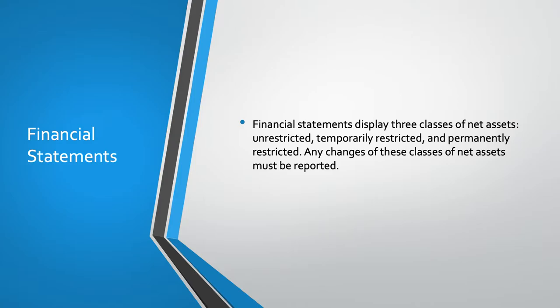For temporarily restricted, that means it usually only awaits the date of the implementation of a certain project which the fund is intended to be used for. However, permanently restricted funds are funds that are mandated maybe under the law or under the agreement that it should always be there. So it's permanently restricted net assets.